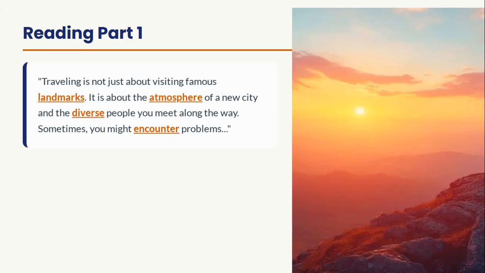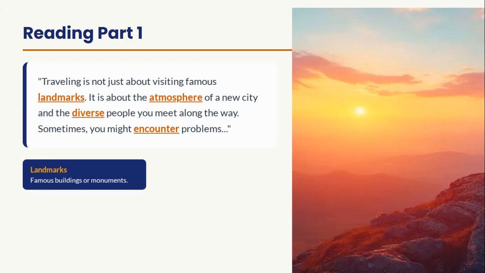Great job. Now let's notice if we have some new vocabulary here. I highlight some vocabulary that's going to help you to understand the paragraph. The first vocabulary is traveling is not just about visiting famous landmarks.